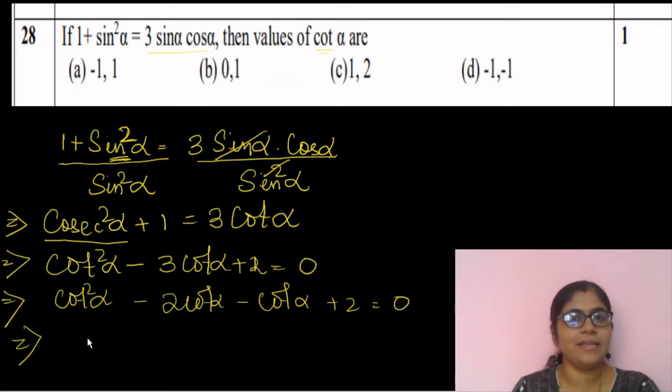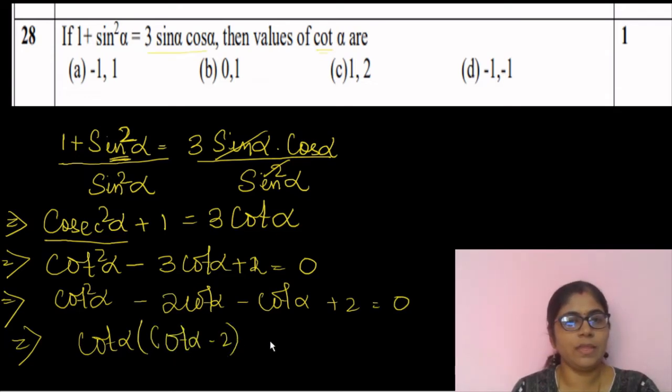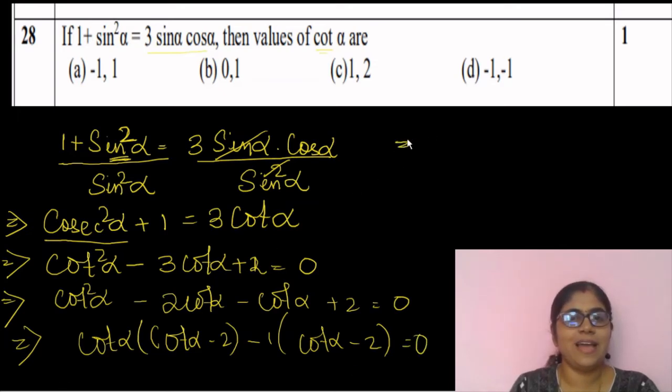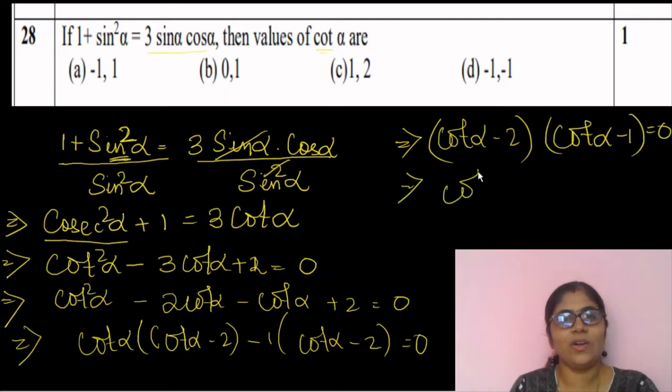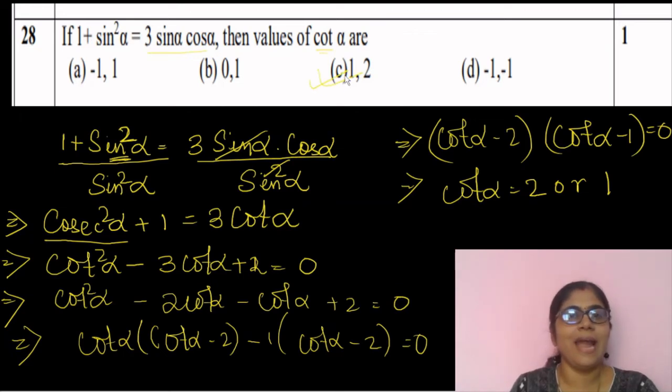This implies that cot alpha minus 2 into cot alpha minus 1 equals 0, which implies that cot alpha equals 2 or 1. So option C is the right answer.